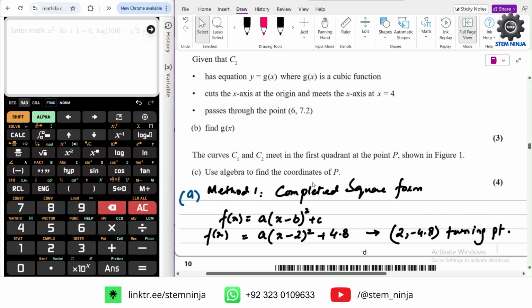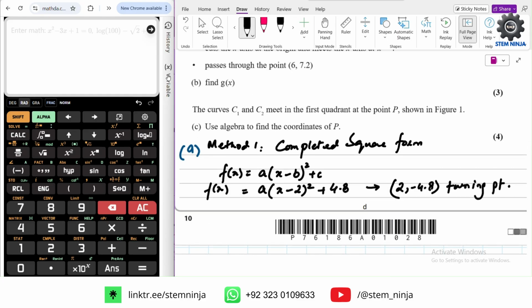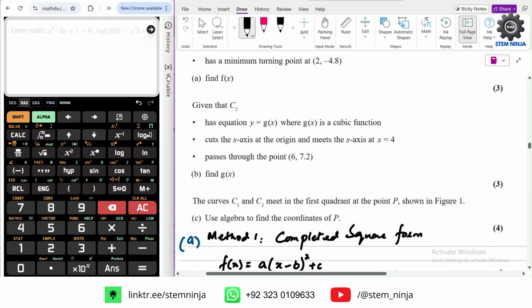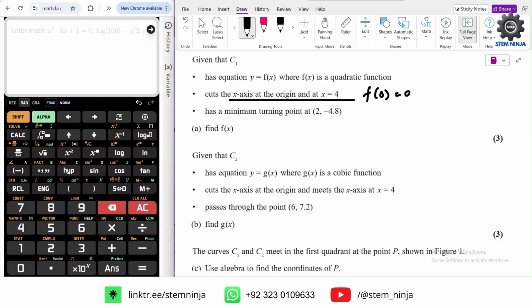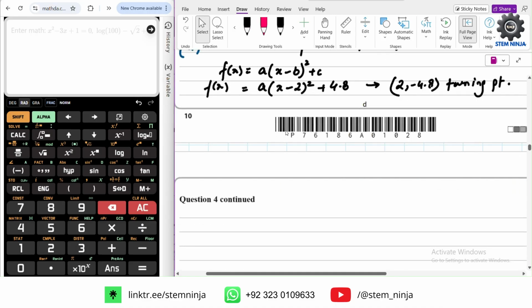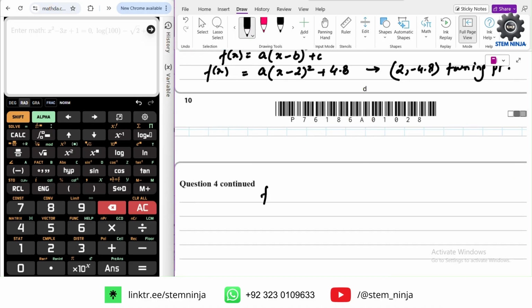Now for a, the third unknown, we need to use either one of these. So f of 0 is 0 and f of 4 is 0. So basically we need to use these equations. Either one of them we can use.